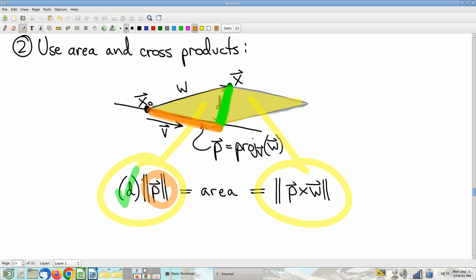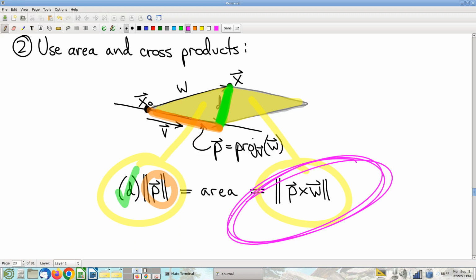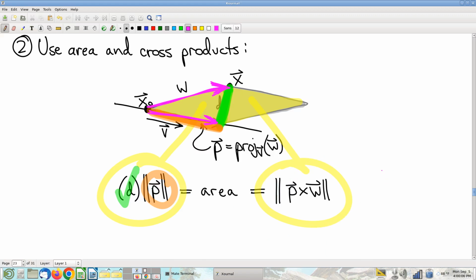Okay. Now let's do the other one. What is this other calculation here? This calculation here, I wanted this in purple. I've got a parallelogram after all, and I'm going to look at the projection vector and this W difference vector and realize that those are two edges of that parallelogram.